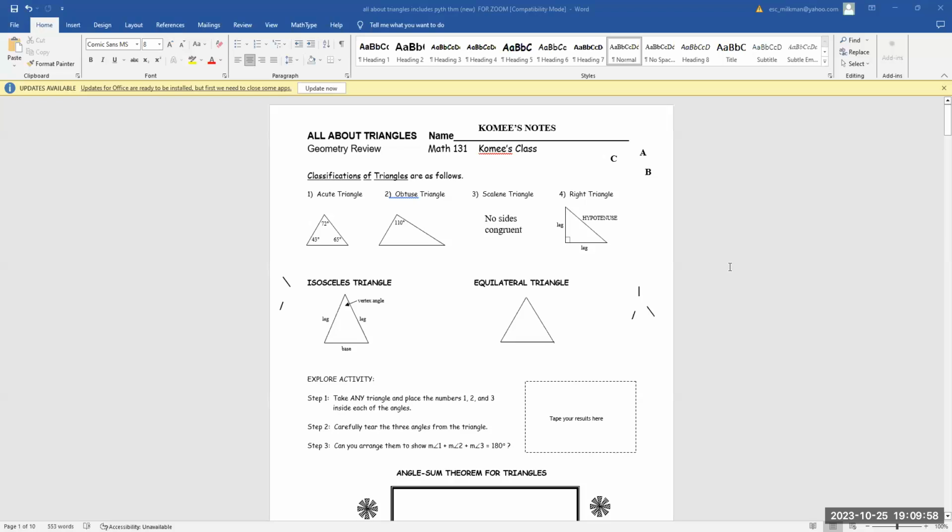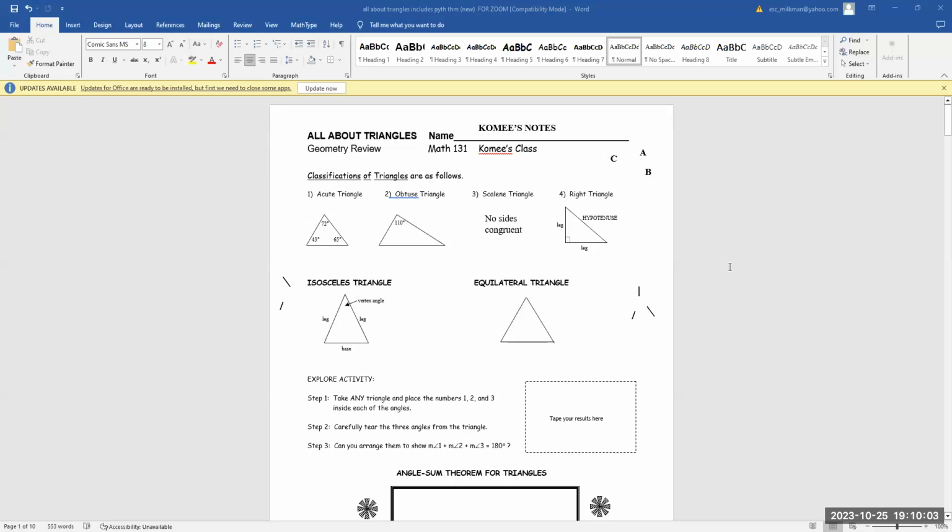I'm going to go to a different set of notes. Okay, all about triangles, geometry review.